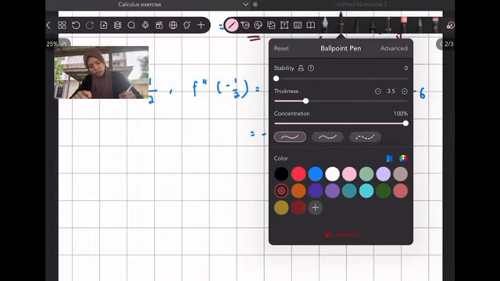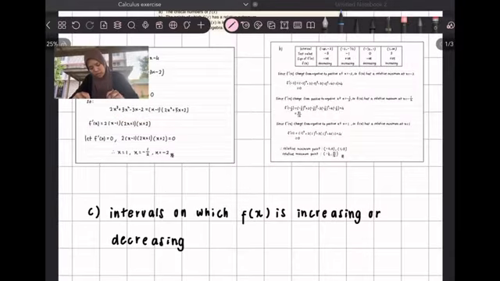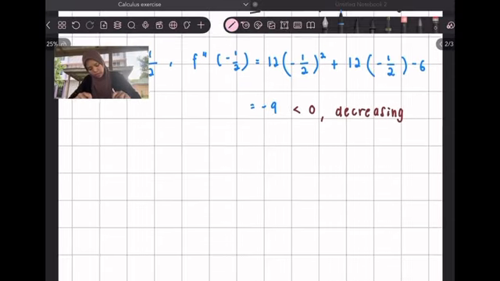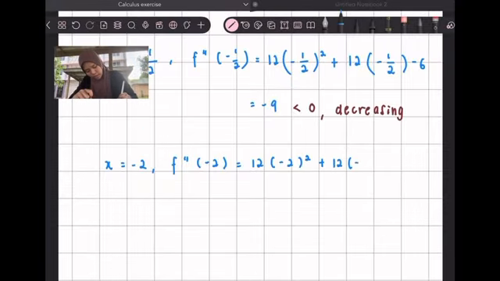So the last one is x equal to negative 2. Just sub the negative 2 inside the second derivative equation: negative 2 squared minus 12 times negative 2 minus 6.